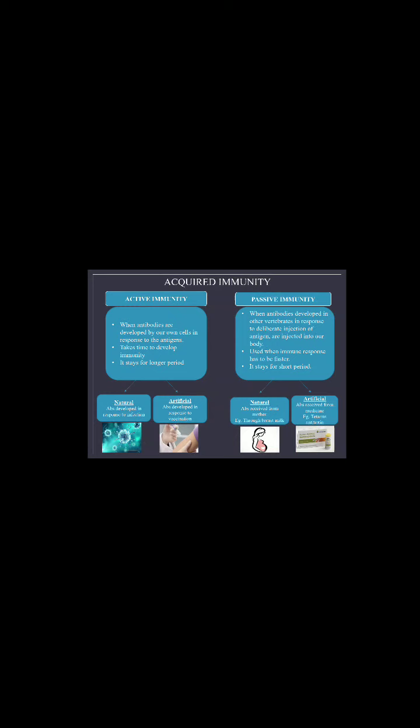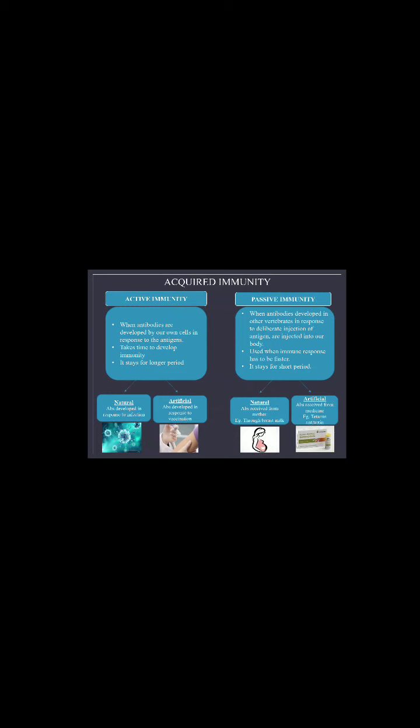Like anti-tetanus serum, it's prepared in horses by active immunization of horses with tetanus toxoid. In horses, they put the germs of tetanus and then antibodies are produced, and then these antibodies are introduced inside our bodies. So this is artificial.